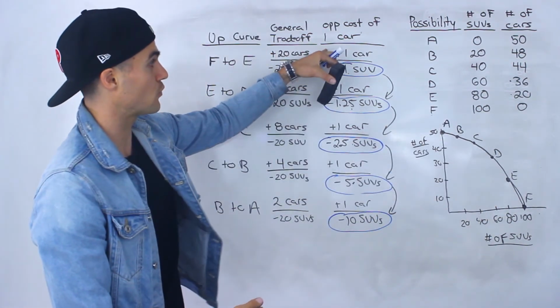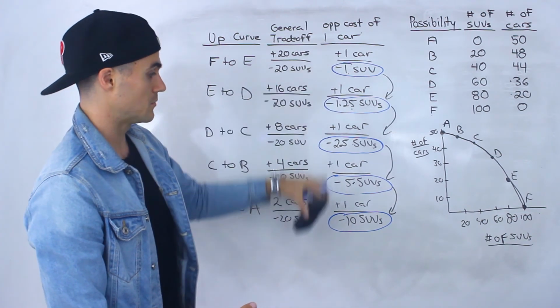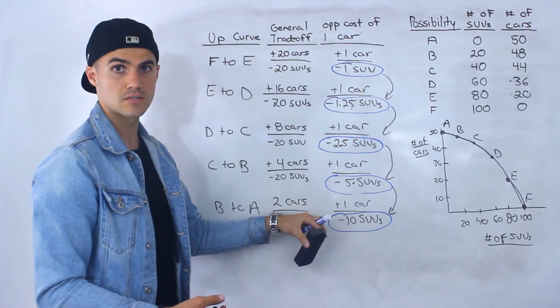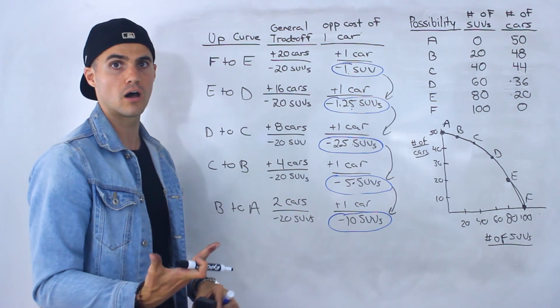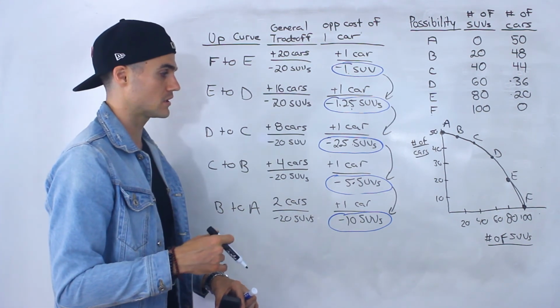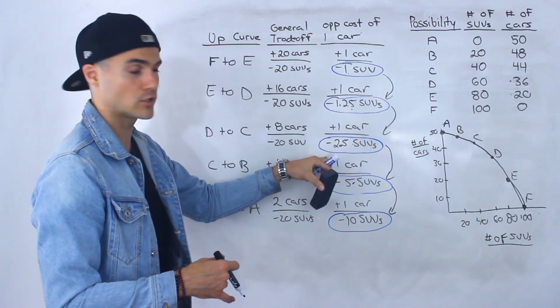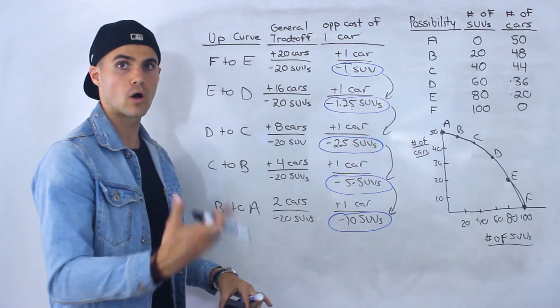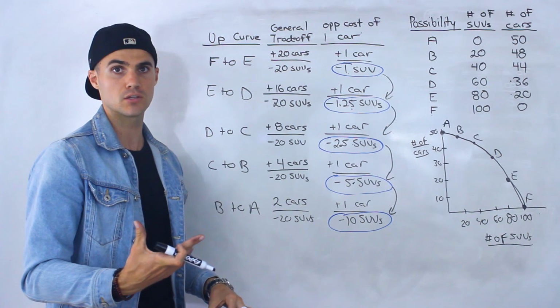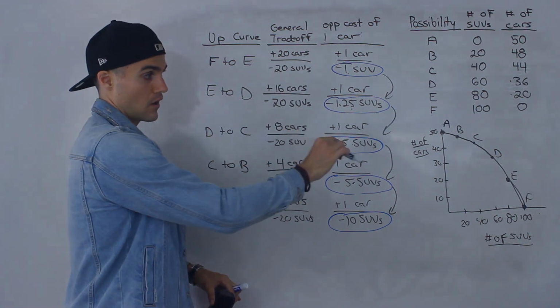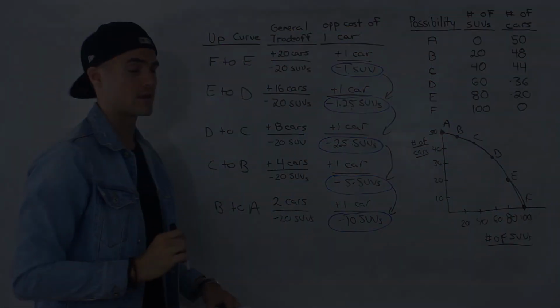So the opportunity cost of one car is 1 SUV, but down here it's 10 SUVs. And again, it's that same law of increasing opportunity costs. Basically, as we produce more of one unit, higher quality resources have to be used, as we move up the curve or the other way down the curve.